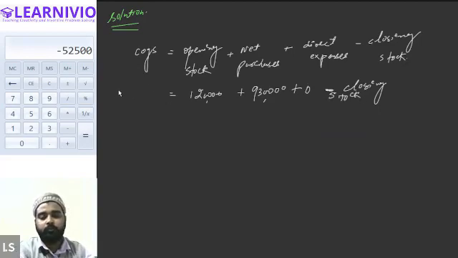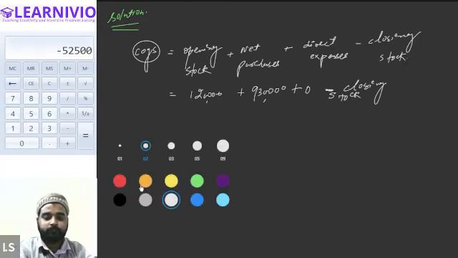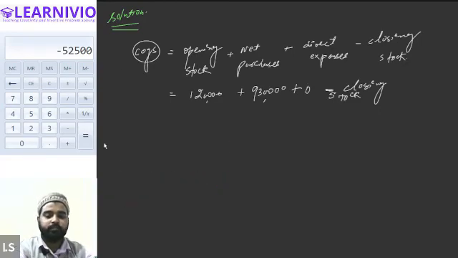Now we can also expand this. COGS can be written as, how can we write it, Alexander? How can we expand COGS? We can write it as net sales. Yes, try.